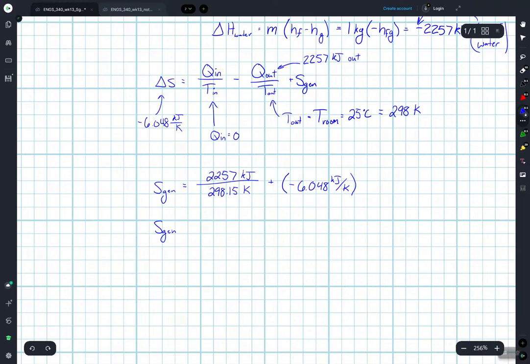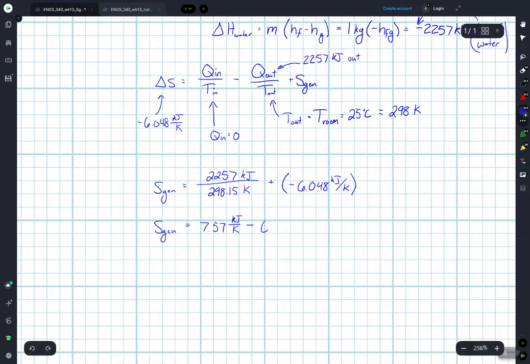It just so happens this first term is 7.57 kilojoules per Kelvin, so that's how much the entropy of the room is changing. If you want to think about it that way, the room is increasing in entropy by 7.57 kilojoules per Kelvin.